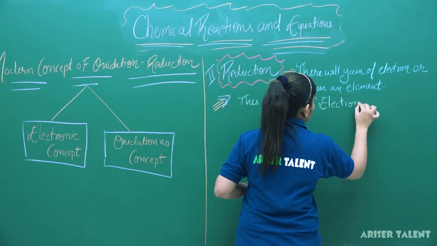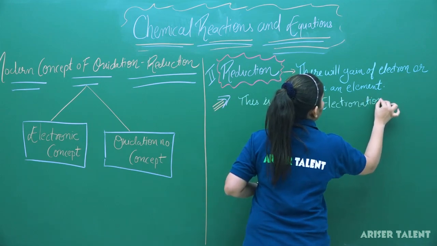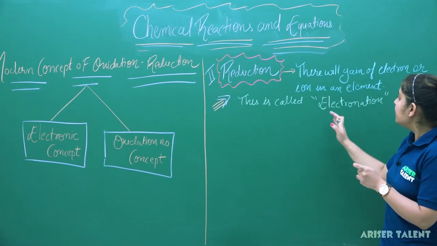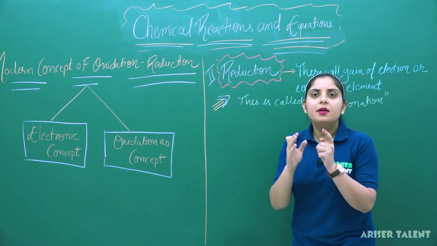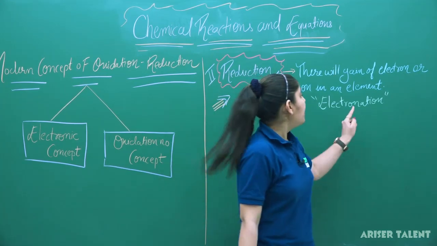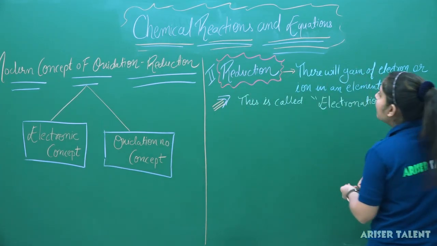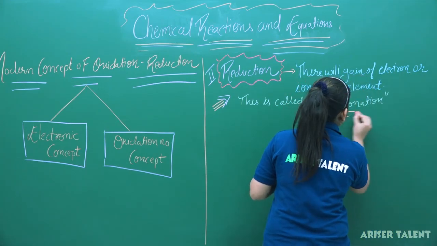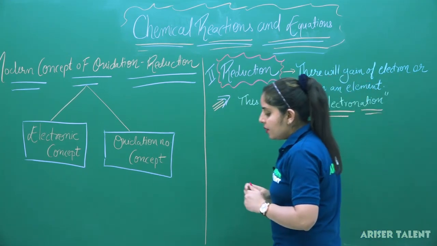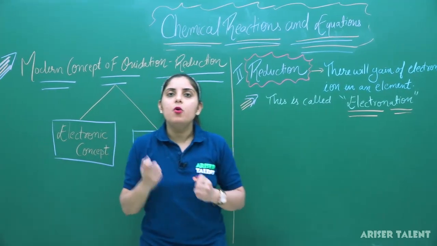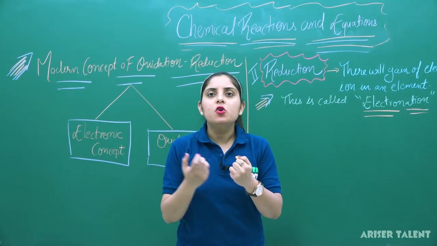In case of oxidation, we defined the term de-electronation, which means there is a removal of an electron, but in case of electronation there will be the addition of an electron. Now there will be the addition to an atom, ion or molecule, depending upon the reaction.